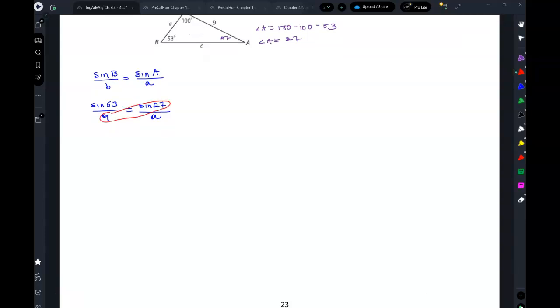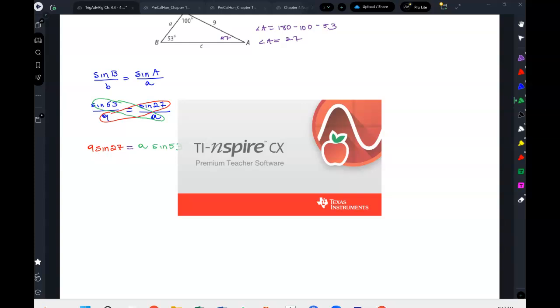Here, 9 sine 27 is equal to a sine 53. You see how I'm not plugging anything in so far? Now what do I do to solve for a? Divide by sine 53.